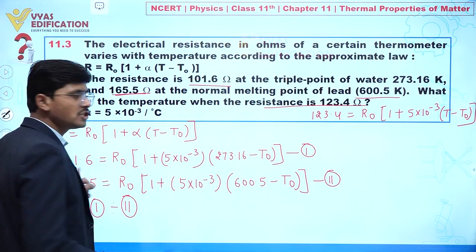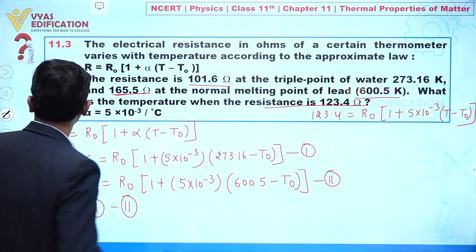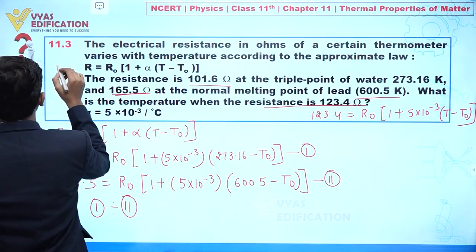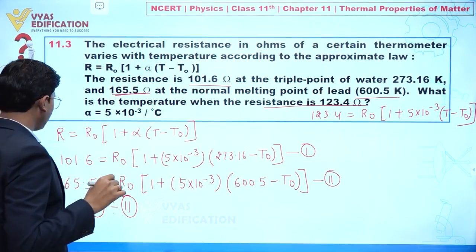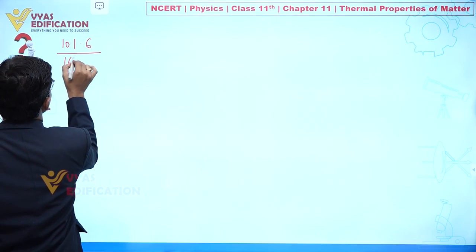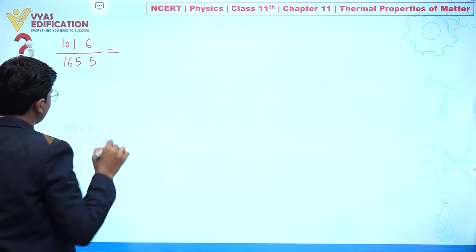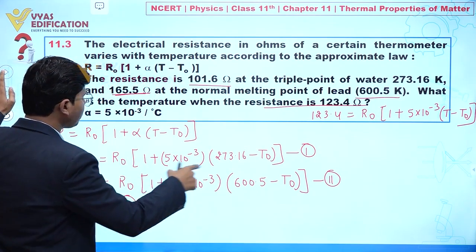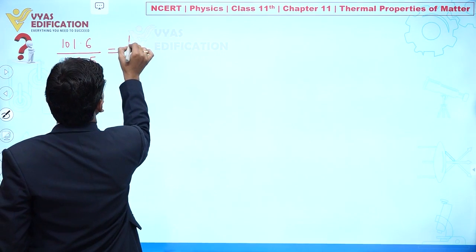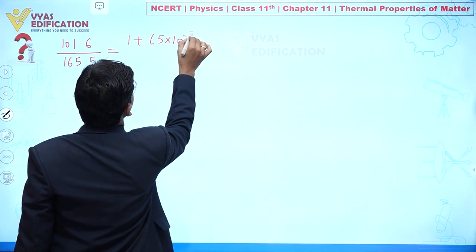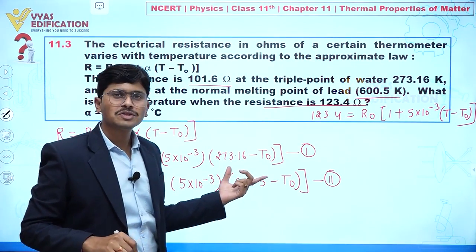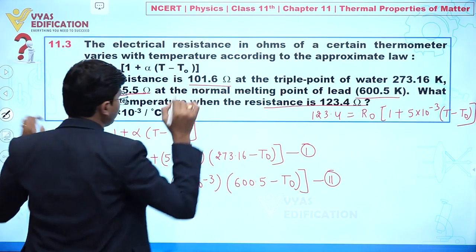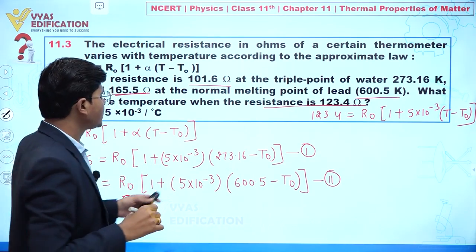So I can write 101.6 divided by 165.5, and this is equal to, R naught and R naught cancel out, (1 plus 5 into 10 to the power minus 3 multiplied by (273.16 minus T naught)).